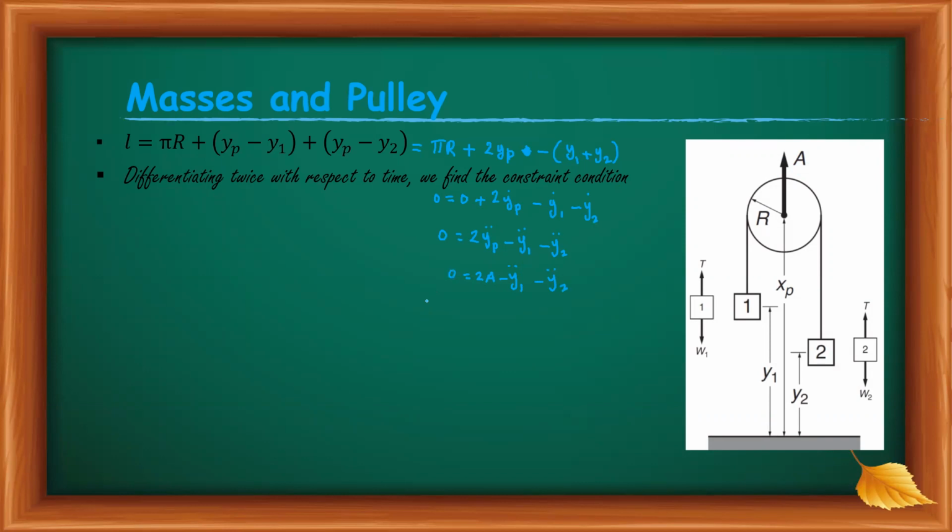From this expression we can express A. What will be A? From here we obtain 2A equal to y1 double dot plus y2 double dot, or A must be equal to y1 double dot plus y2 double dot divided by 2.